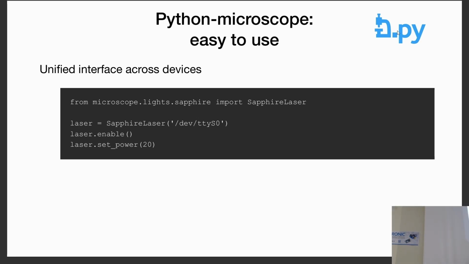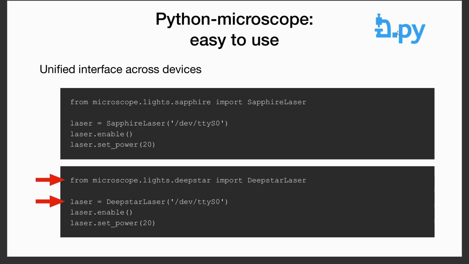For example, when you have a light source, you just import it and make an instance of it. In the case of this type of laser, you give it as a parameter the USB port where it's connected. You can enable it and set the power, so you see the commands are easy and transparent.